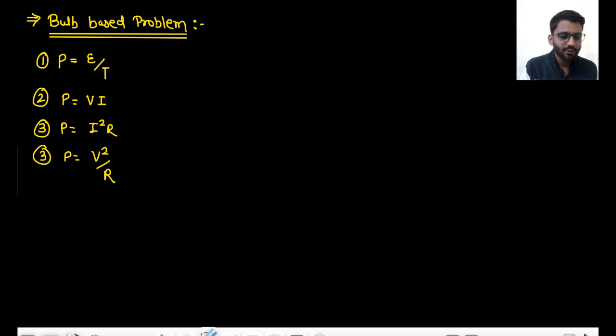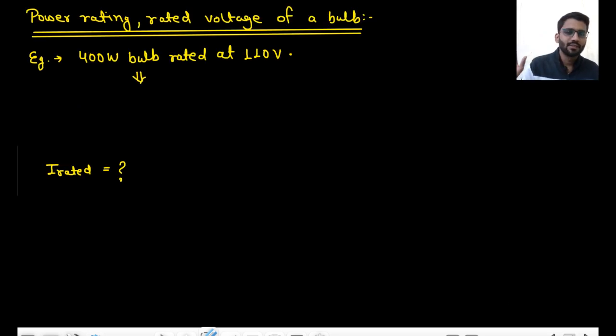Okay. Now in case of a bulb, you will always find these terms: the power rating and the rated voltage of a bulb. A statement will be written like, a 400 watt bulb is rated at 110 volt. What does that mean?